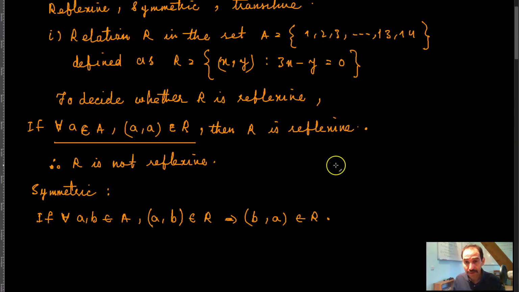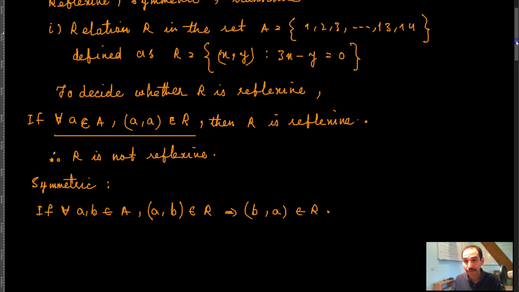Meaning that you would get ordered pairs such as (1, 3), for example (2, 6), since 3 times x is equal to y, or (3, 9), and so on and so forth.